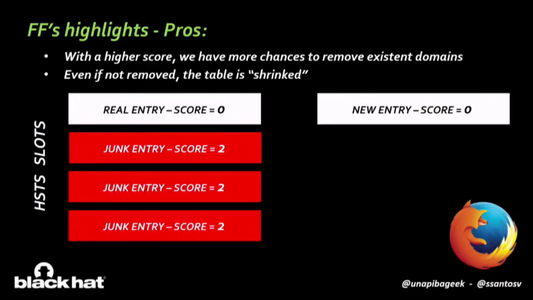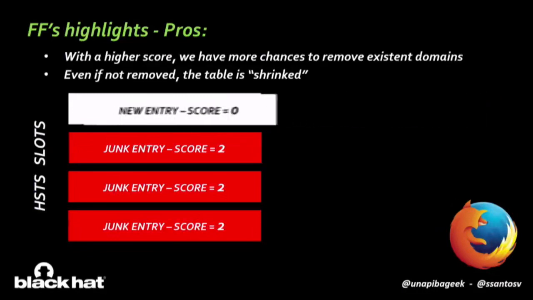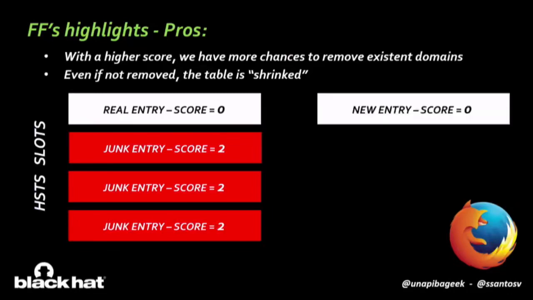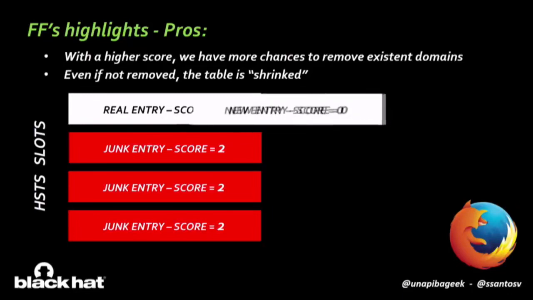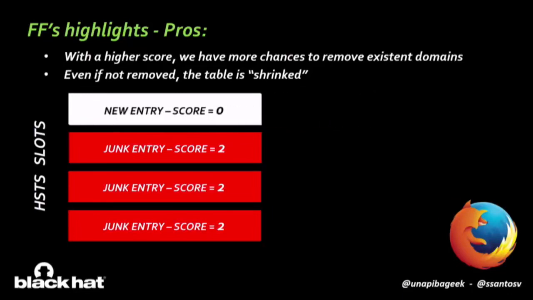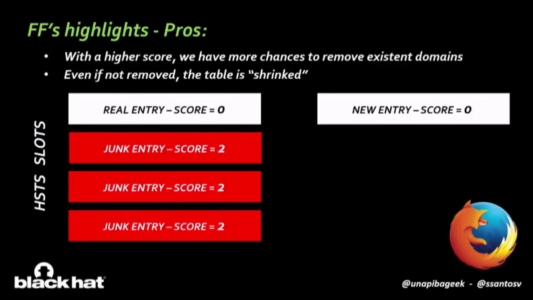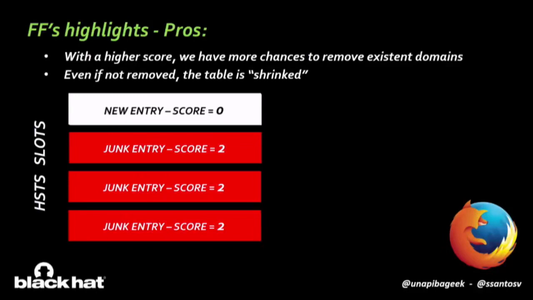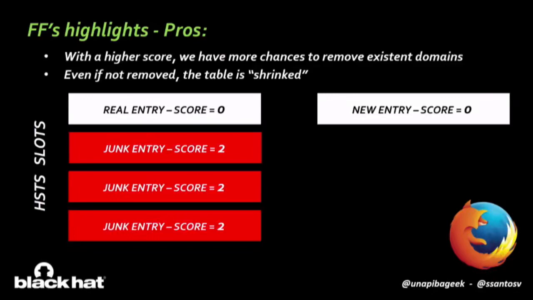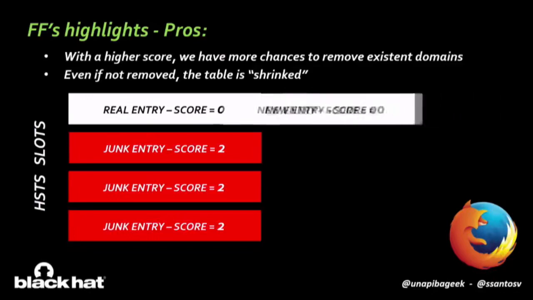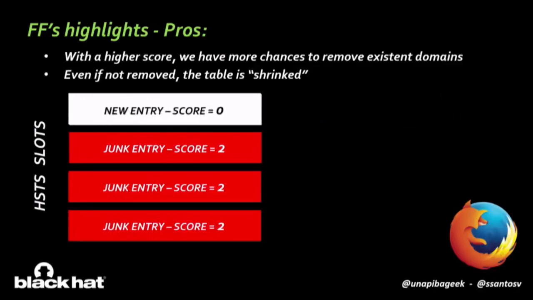So you're filling up this 1024 table with a lot of junk entries, and at the end of the day, the side effect is that you end up with just one entry that is going to have a score of 0, because the new ones you have to remember have a 0 score. So if you have a lot with a 2 score, 3 score, 20 score, whatever, at the end of the day, what you have is just one slot left to remember the HSTS or HPKP.